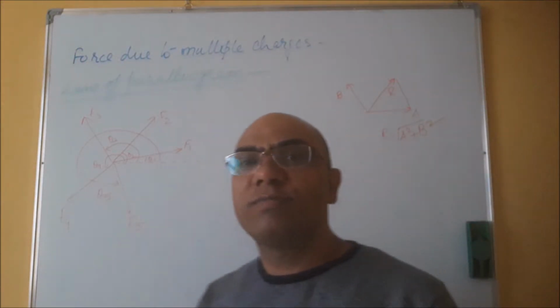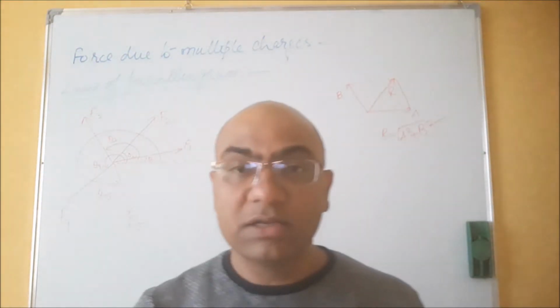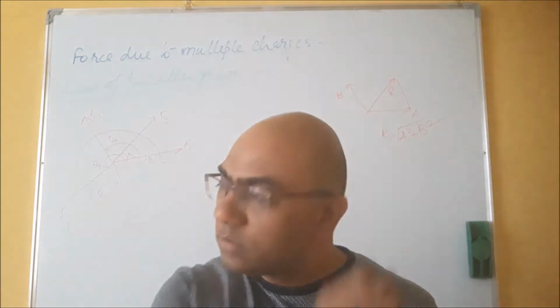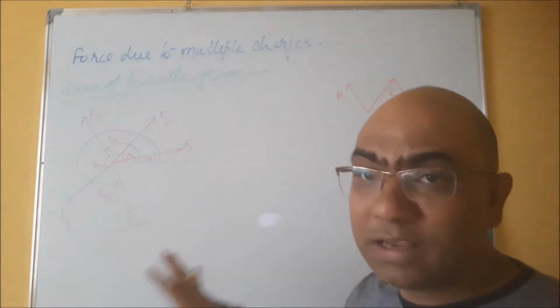So this is called the law of parallelogram that you have already discussed in your mathematics course. The same thing I am going to use here in a different way.